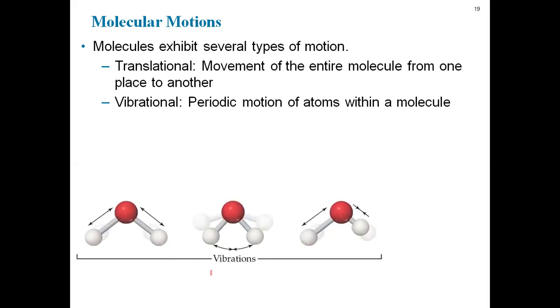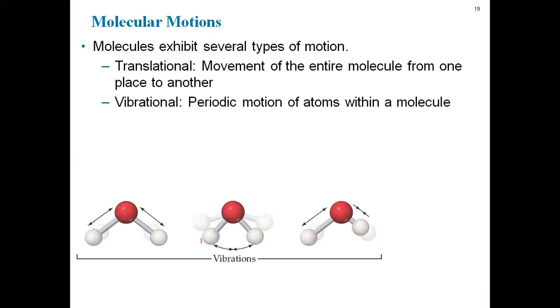These three pictures at the bottom show three possible ways of vibration for, let's say, a water molecule. We can have stretching between the oxygen atom and the hydrogen atom.